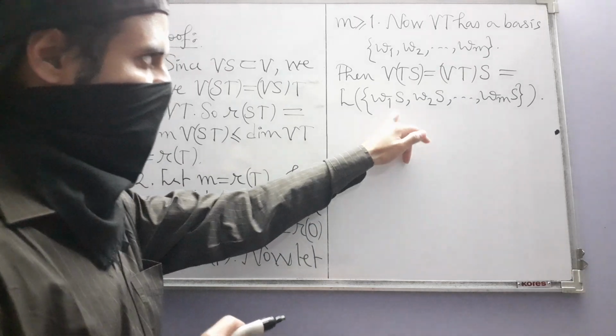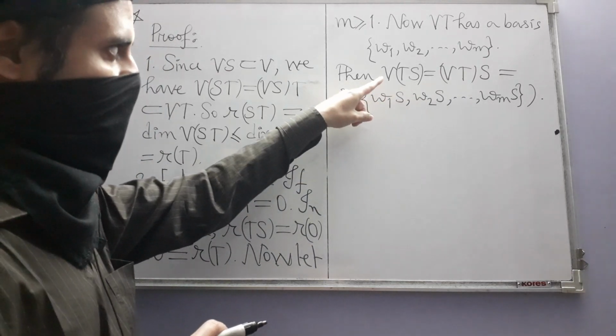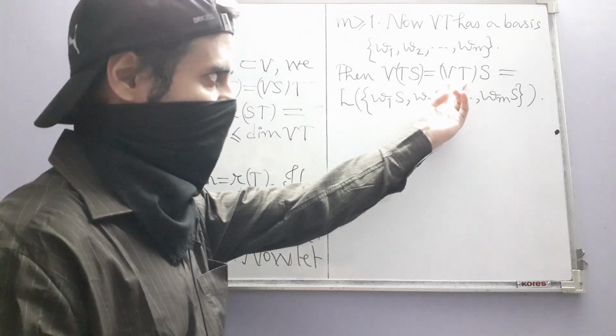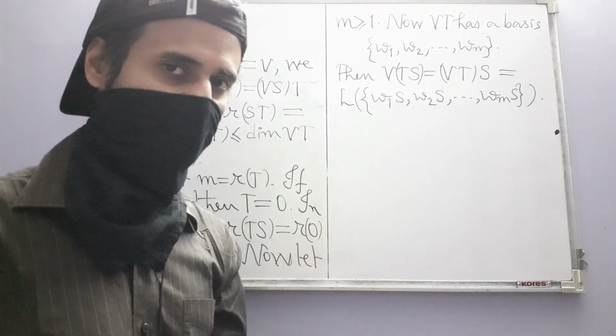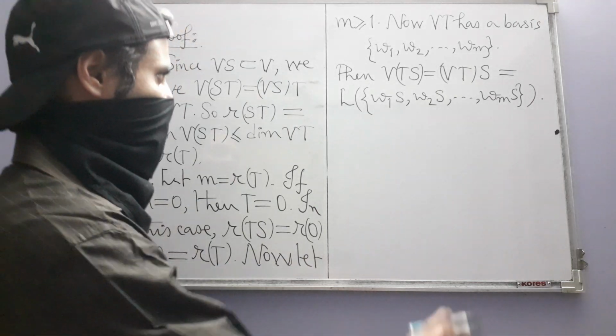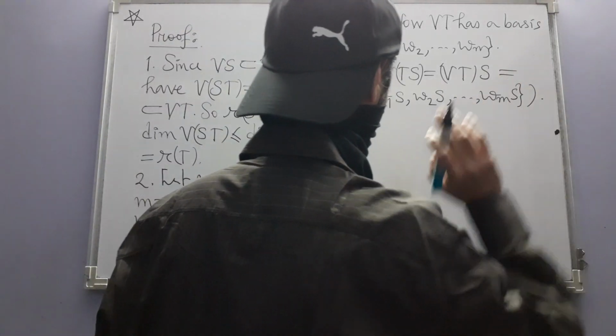Okay, so it is exactly like that, where in this case, in place of V there, now you have Vt, and in place of the operator T, you have S. Same argument. Okay, so we have this.